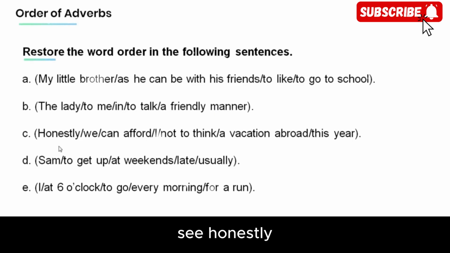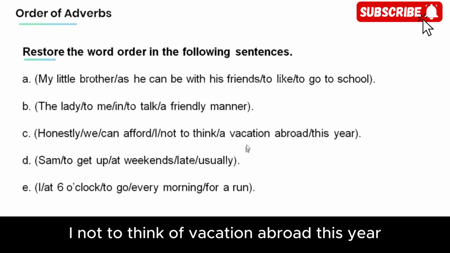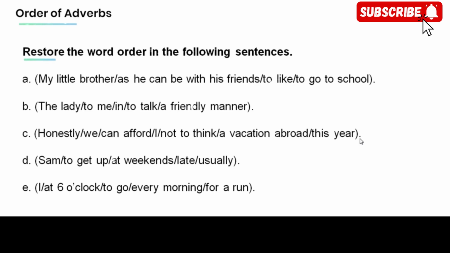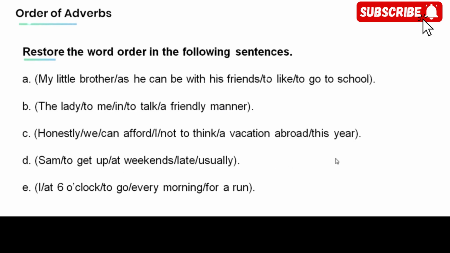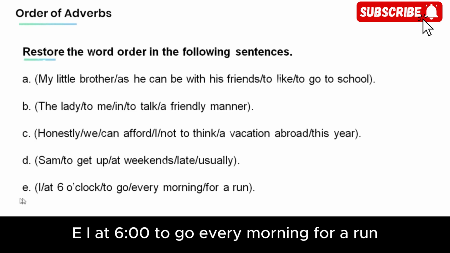C. Honestly, we can't afford not to think a vacation abroad this year. D. Sam to get up at weekends late usually. E. I at 6 o'clock to go every morning for a run.